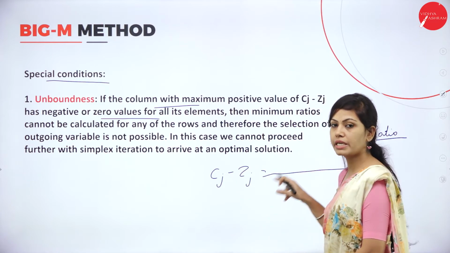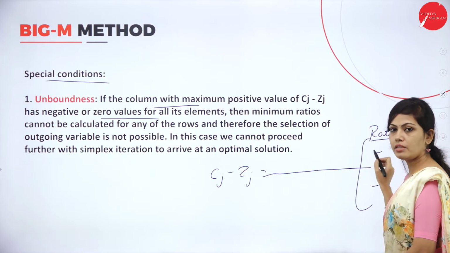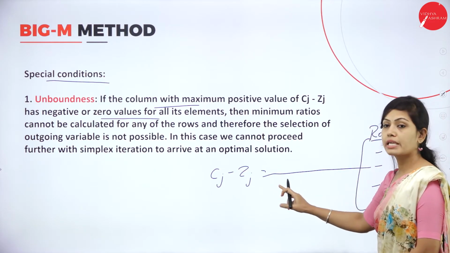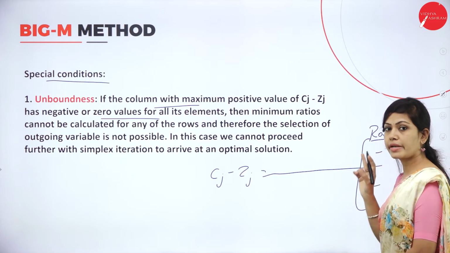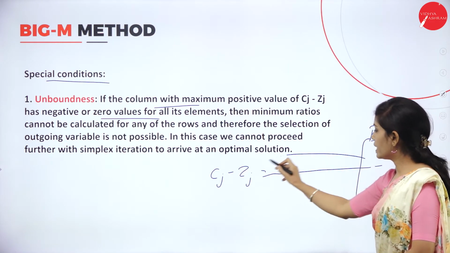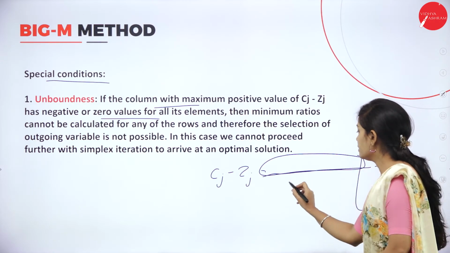Already I have explained this in the simplex method. If all the ratio values are negative, we can't select the key row. This condition is known as unboundedness.